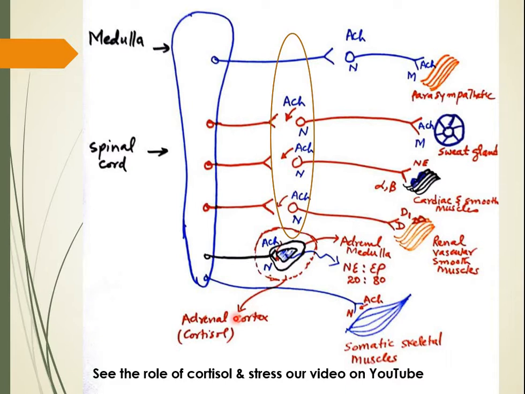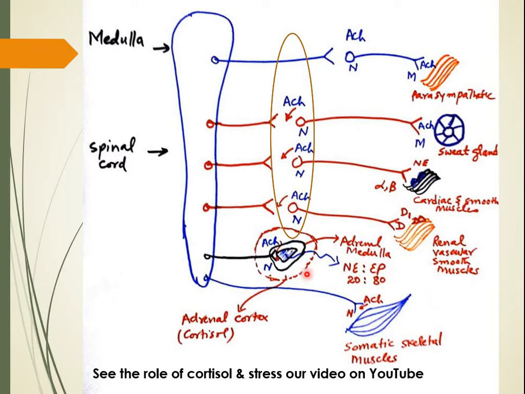Thus, cortisol and epinephrine and norepinephrine work in close liaison, where the sensitivity of the myocardium and the blood vessels is increased toward the catecholamines, and you know the role of catecholamines very well.